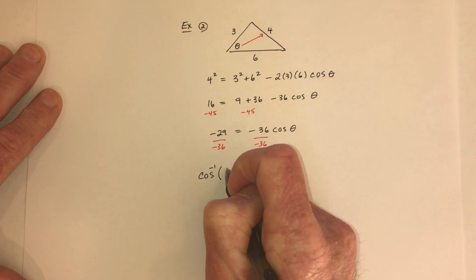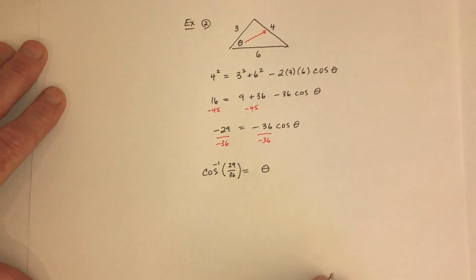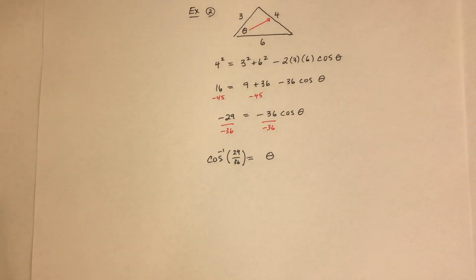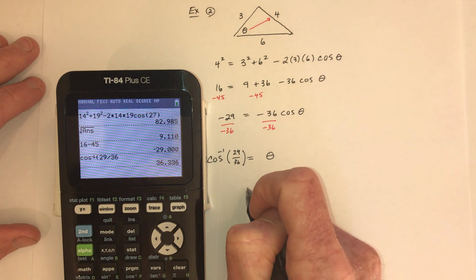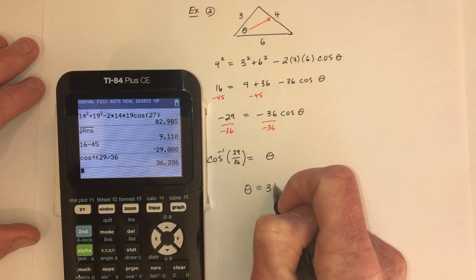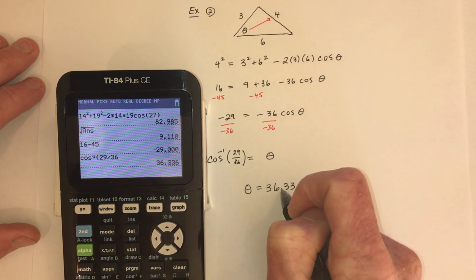So what is cosine inverse of 29 over 36? Cosine inverse of 29 over 36 is 36.336 degrees.